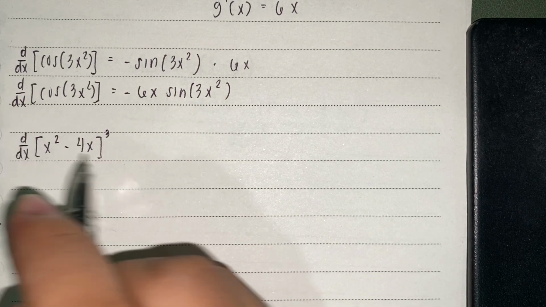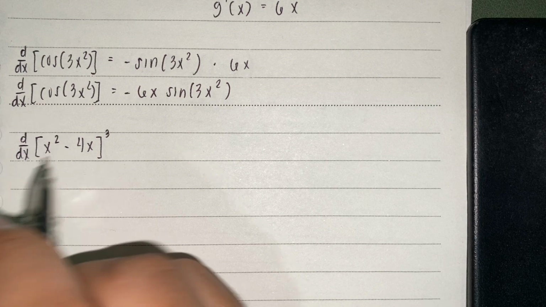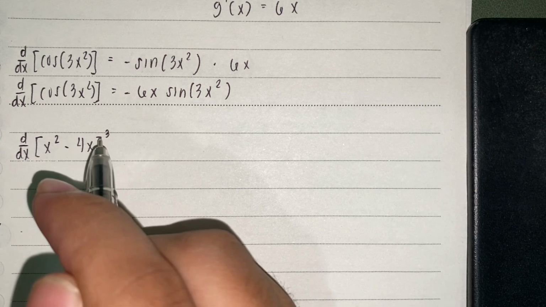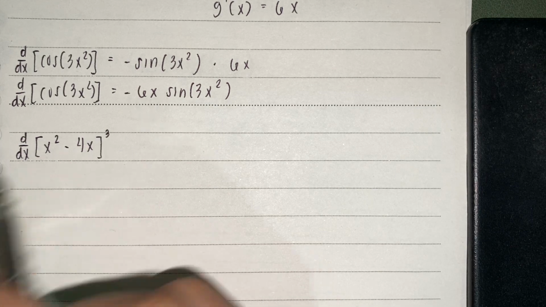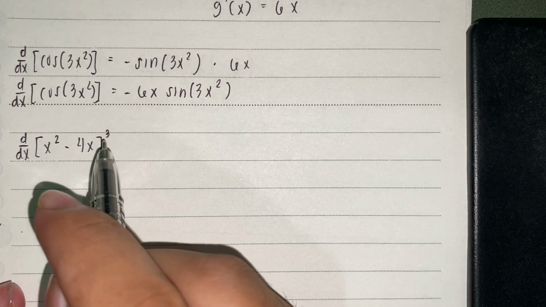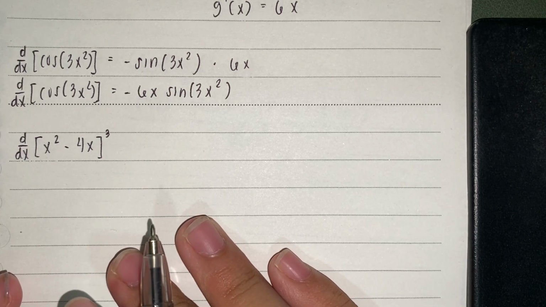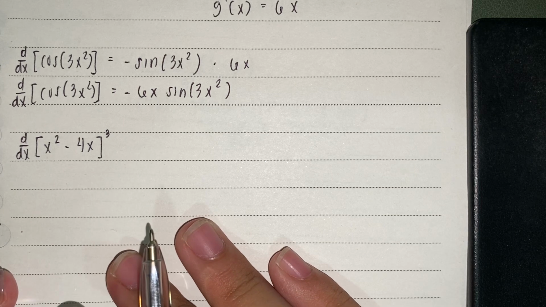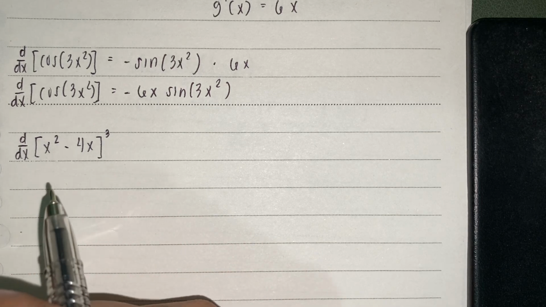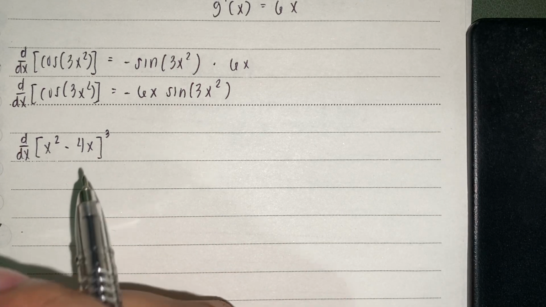But in this equation, there's none. But we can see that there is an exponent. So this implies that we're going to be using the power rule for us to find the derivative of the larger function.